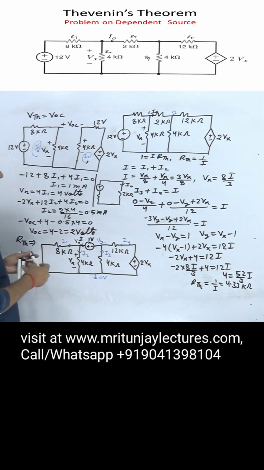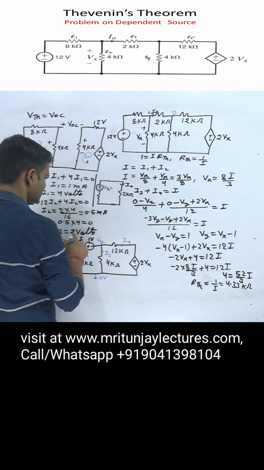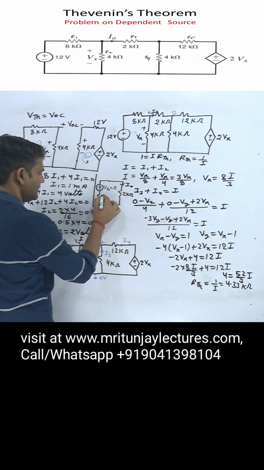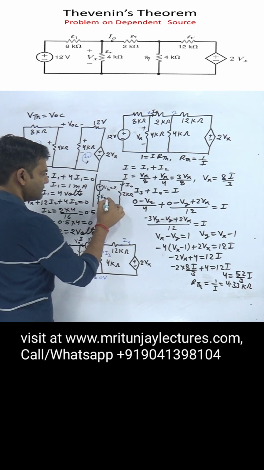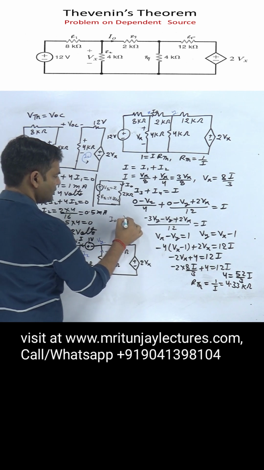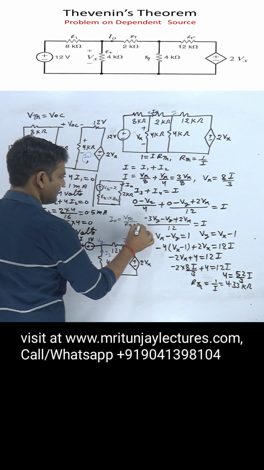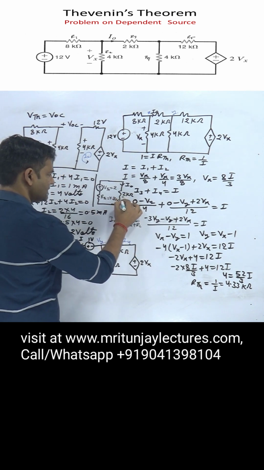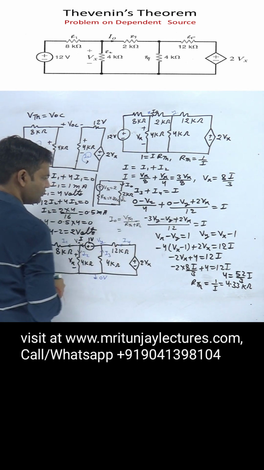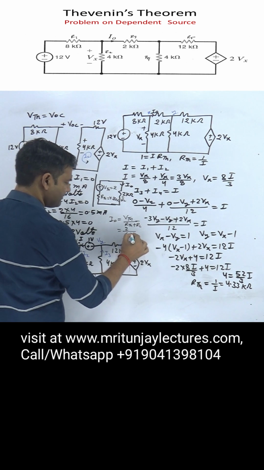This one is VTH, VTH is 2 volt, here RTH is 4.33 kilo ohm. So what about I naught? I naught is written as VTH divided by RTH plus RL. So put this value: 2 divided by 4.33 plus 2, that is 6.33.